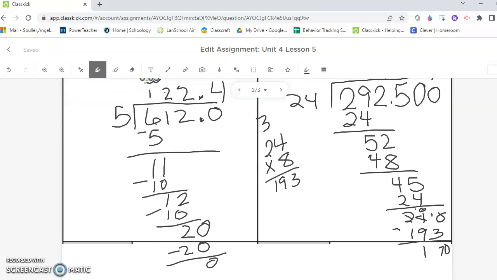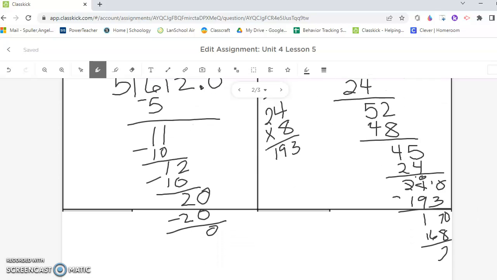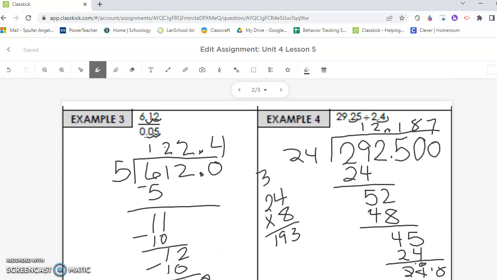So we're going to go 7, line it back up. 7 times 4 is 28. Carry the 2. 7 times 2 is 14, plus 2 is 16. And that gives me 2. And I'm going to end it there because it's just going to keep going for a while, and you get the point of it.